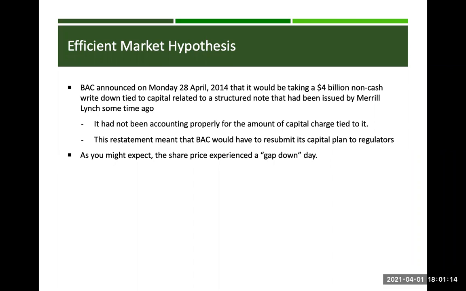These are usually issued as a hedge against a business dealing with a client. But Merrill Lynch had issued a structured note some years before, prior to the merger and acquisition of Merrill Lynch by Bank of America.